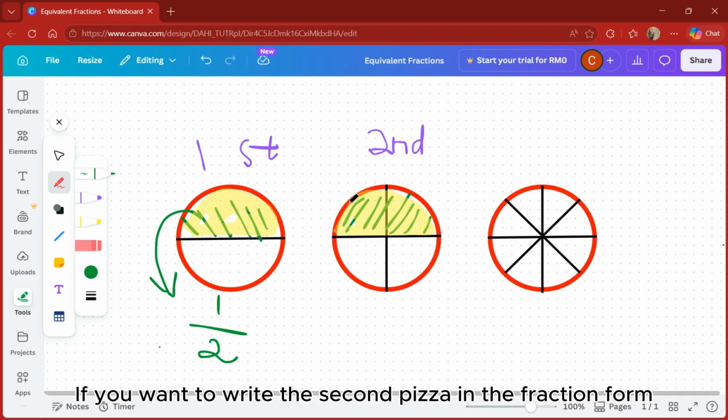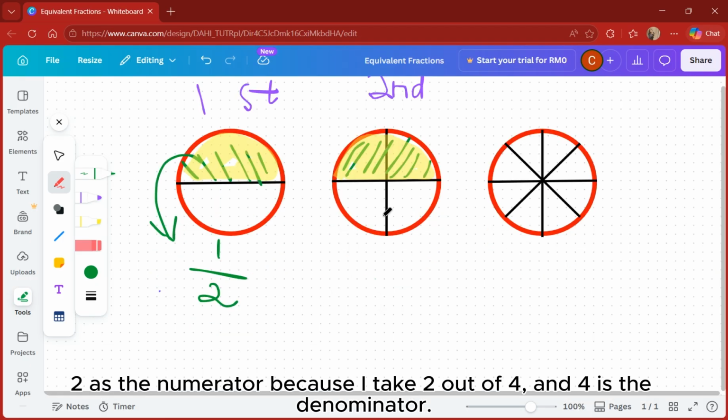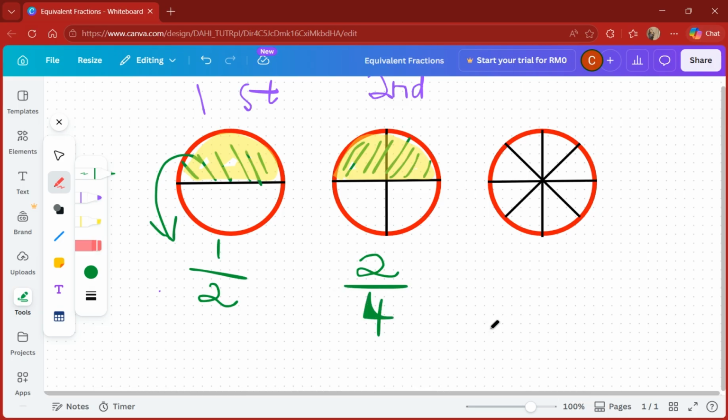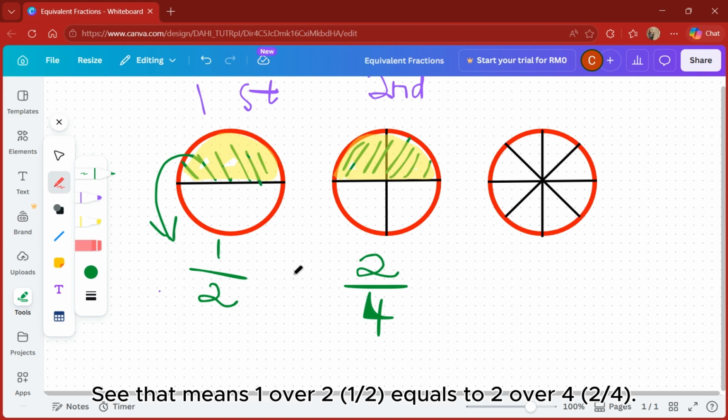If you want to write the second pizza in the fraction form, we will say 2 as the numerator because I take 2 out of 4. 4 is the denominator. The entire pizza has been cut into 4 equal parts. See, that means 1 over 2 equals 2 over 4.